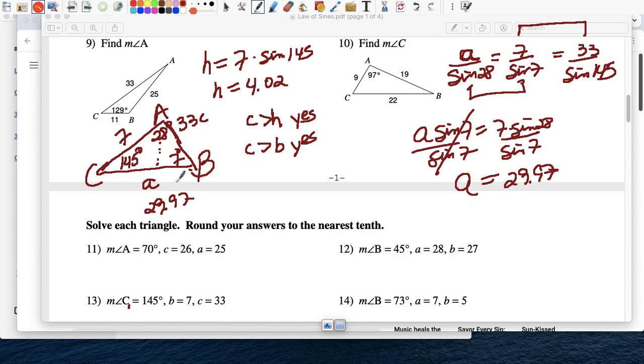Angle A is 28, angle B is 7, little a is, why am I off? I'm a little bit off. Sine of 7, 7 times, did I enter something wrong?